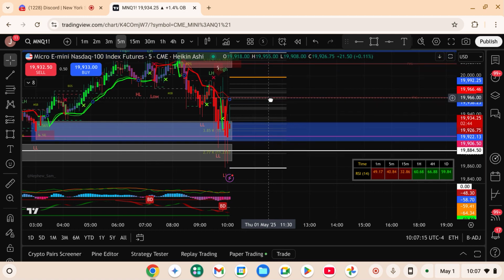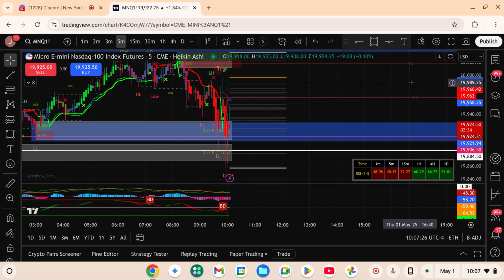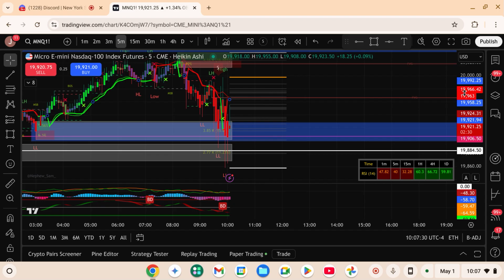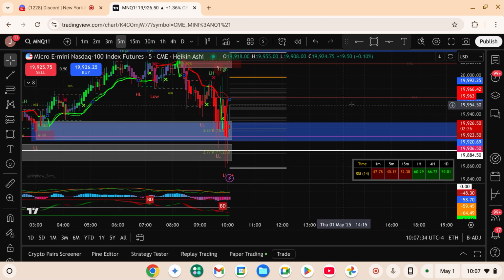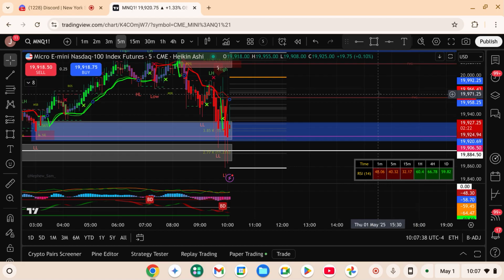I'm only giving it until about 10:30. If I don't see an entry by then, we're gonna call it quits for today. There's no need to take trades every single day if you're not getting your setup. Because once 11 o'clock comes around, then you're taking a bigger risk because your setups are not as clear or clean as they would be from open up until 11.